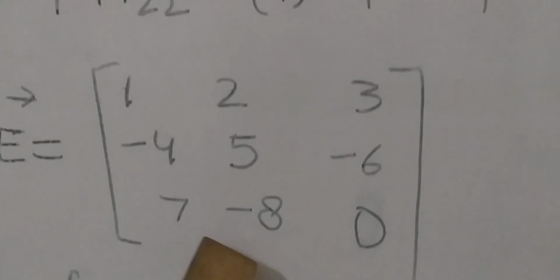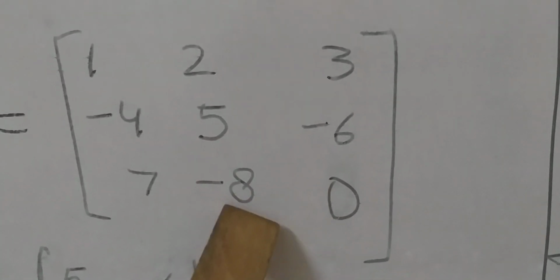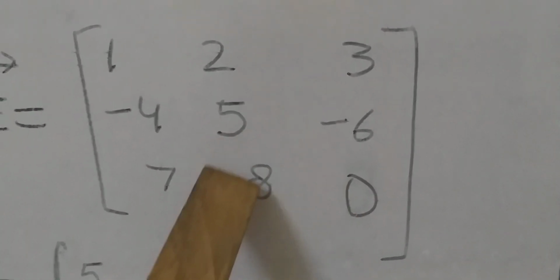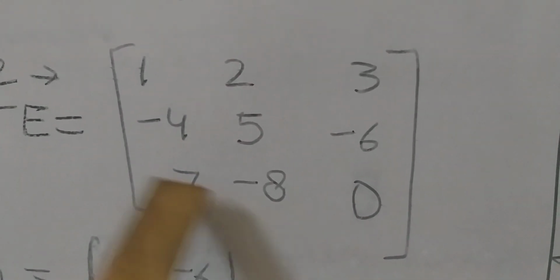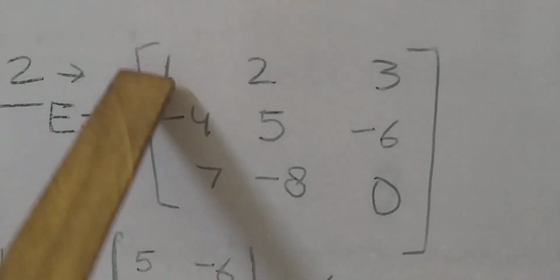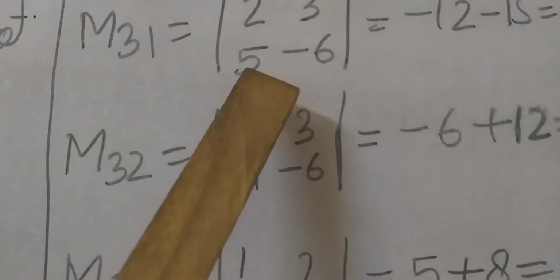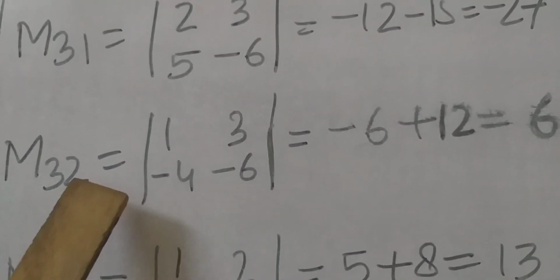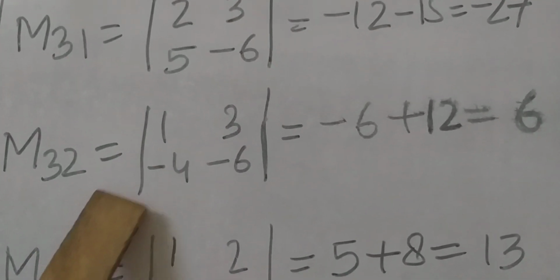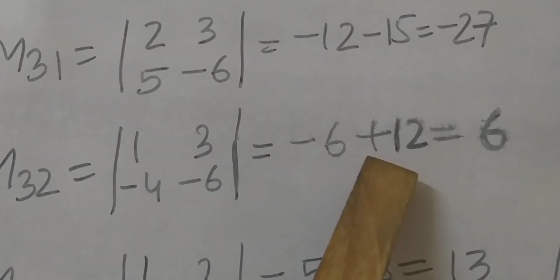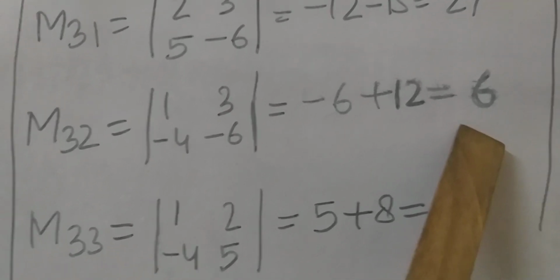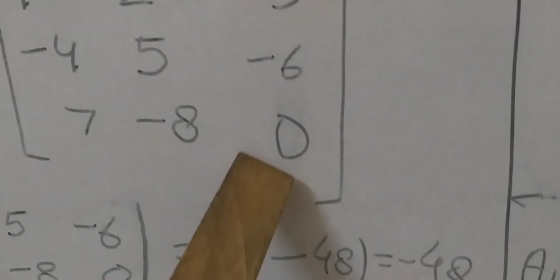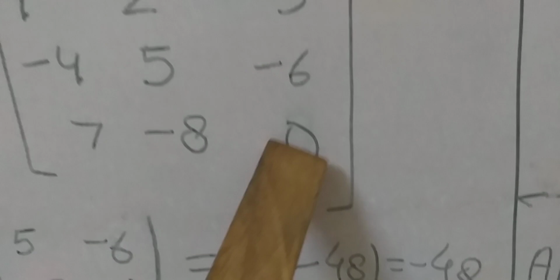Now, students, next minus 8, meaning A32. Its minor we have to find out. So we have to delete its column and row. The left values are 1, minus 4, 3, minus 6. We have to find its determinant, students. Minus 6 minus 12, and the minus sign is also there, plus 12. Answer 6. Now the last element 0. Its minor.